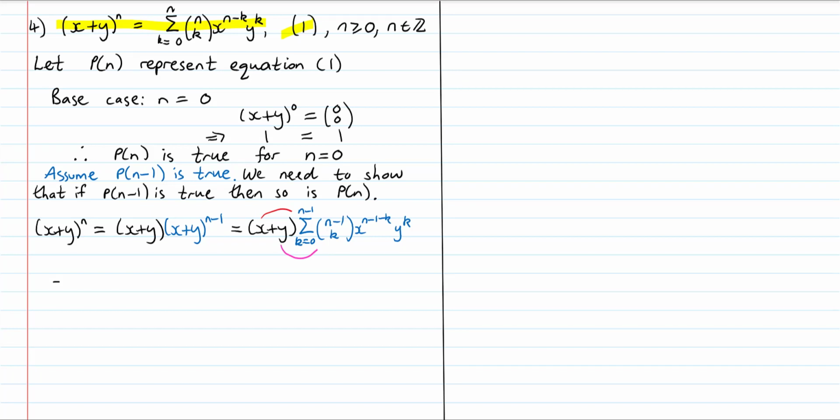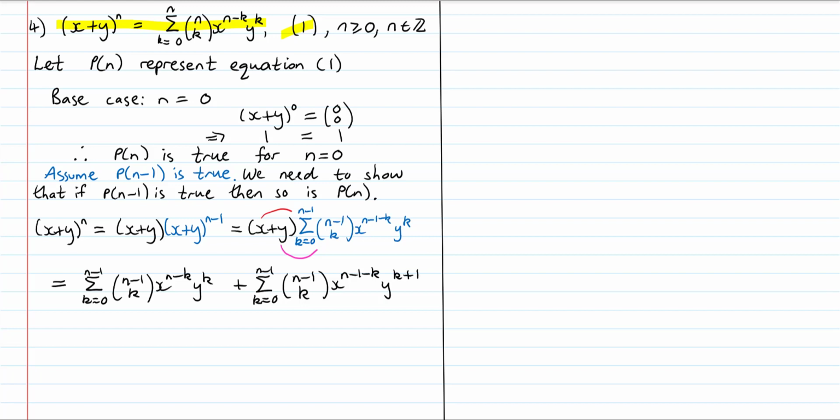So we get then, multiplying the term by x first, we're going to have the sum going from k equals 0 to n minus 1, n minus 1 choose k times, we'll just add 1 to the power of x, so it's going to be x to the power of n minus k times y to the k, plus we'll just multiply the term by y, so we're going to get the sum going from k equals 0 to n minus 1, we have n minus 1 choose k times x to the power of n minus 1 minus k times y to the k plus 1.